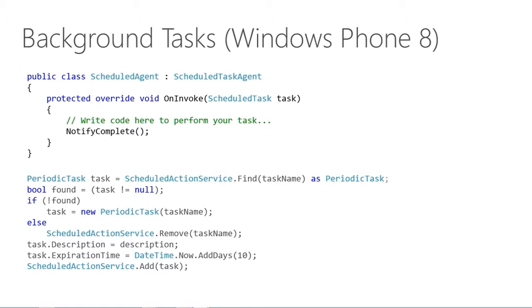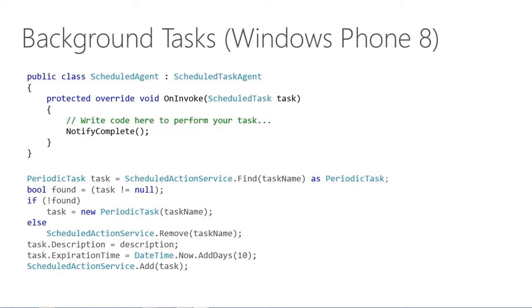So somewhere in my foreground code is where I would launch that task. I'm using the ScheduledActionService to find that background task to make sure that it's not already registered. If it's not, rather, then I'm newing up a new one. If it is, then I remove it.